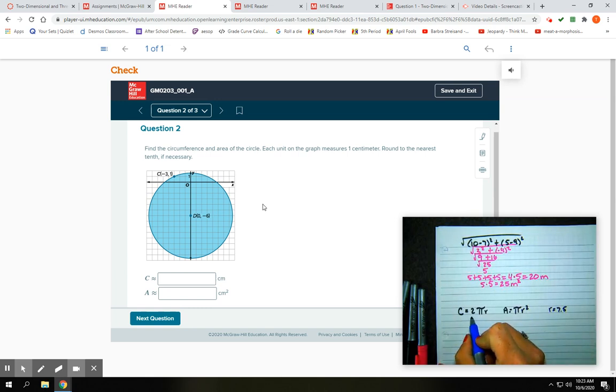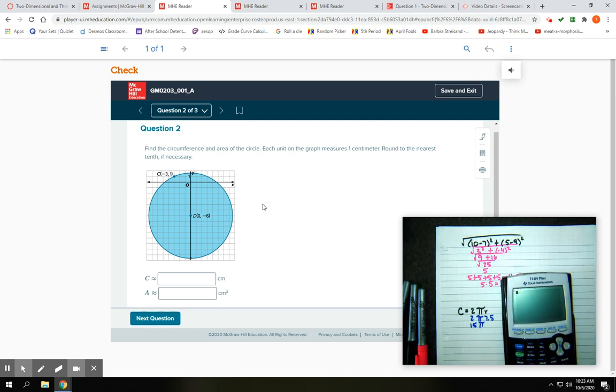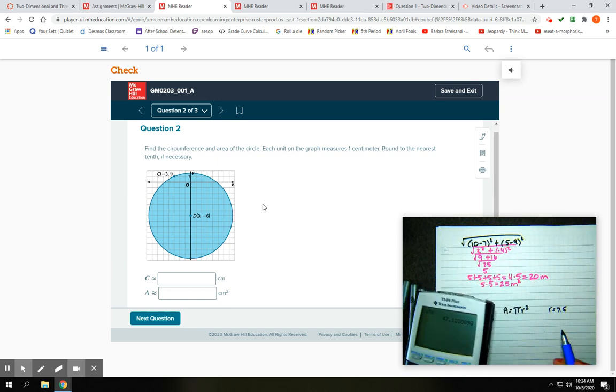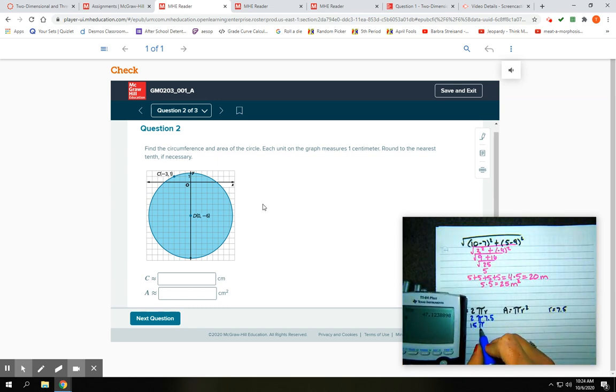So 2 times pi times 7.5, which is 15 pi. And when we put that into our calculator, 15 times pi, that gives us 47.1238898. So going to the nearest tenth, we're going to say 47.1 centimeters.